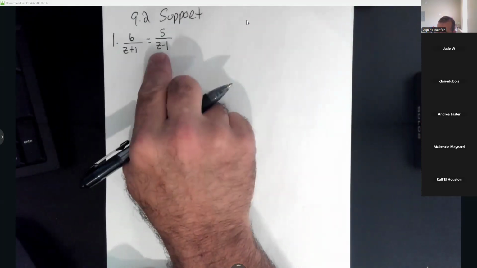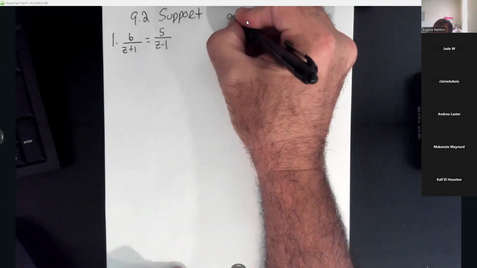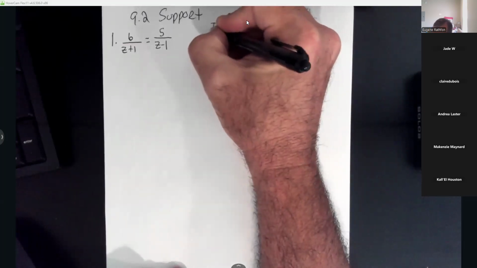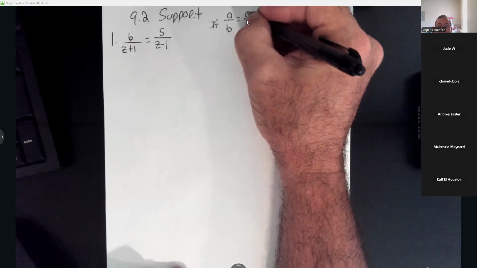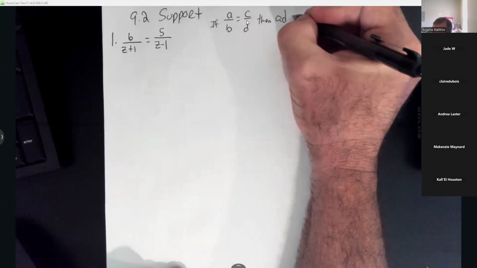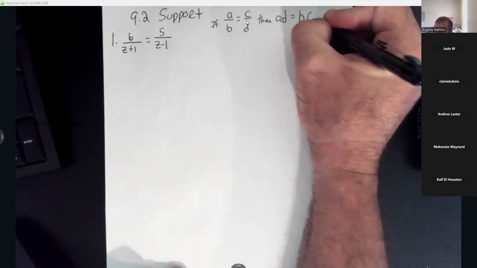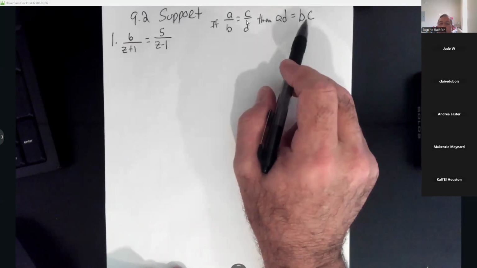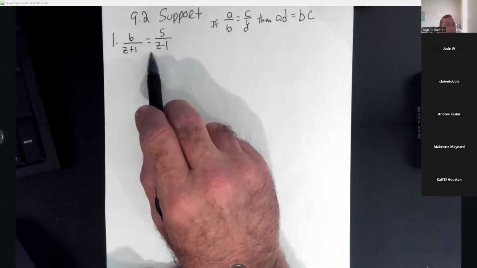So when I got a fraction equal to a fraction, we got a little property. If a over b equals c over d, then a times d equals b times c. That means I can cross multiply and they're still equal. And that's how you're going to solve this.